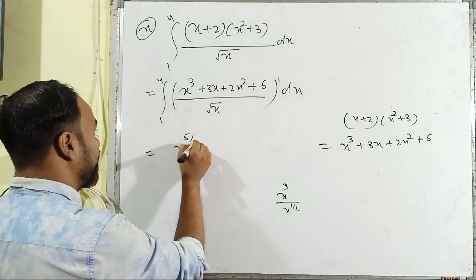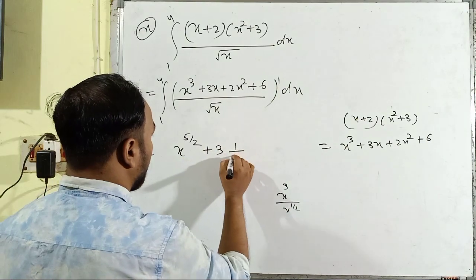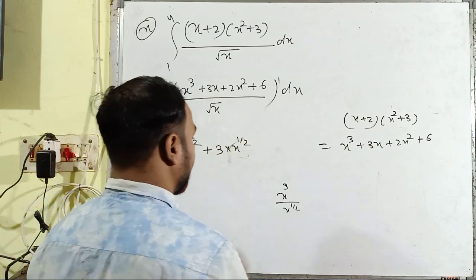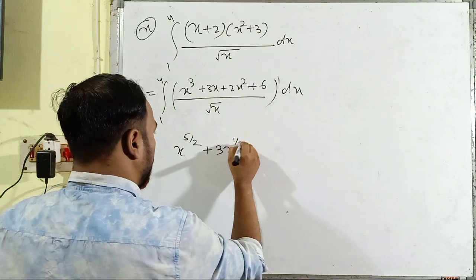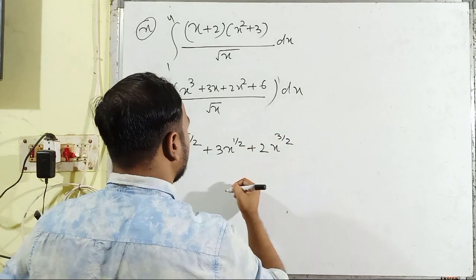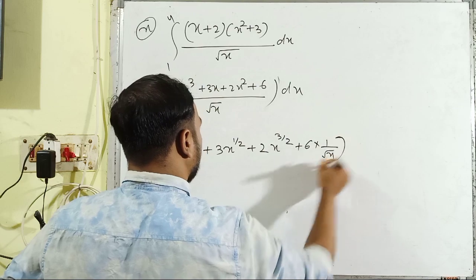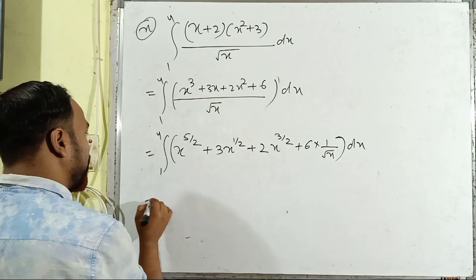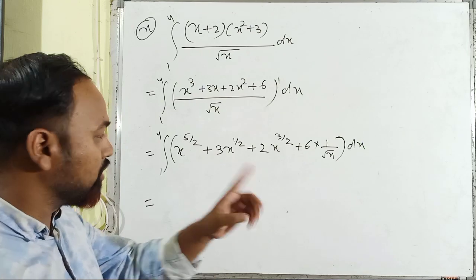So it is x to the power 5 by 2, then 3 multiplied with 1 upon x to the power 1 by 2, then 2 multiplied with x to the power 3 by 2, then plus 6 multiplied with 1 upon root x, and its integral with respect to x from 1 up to 4.